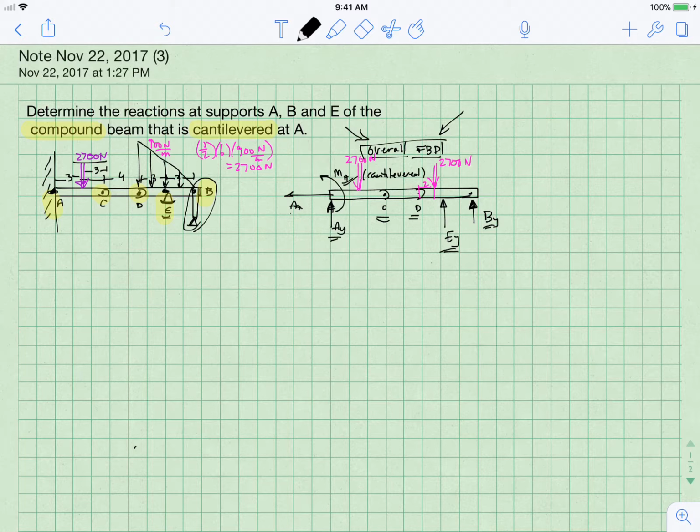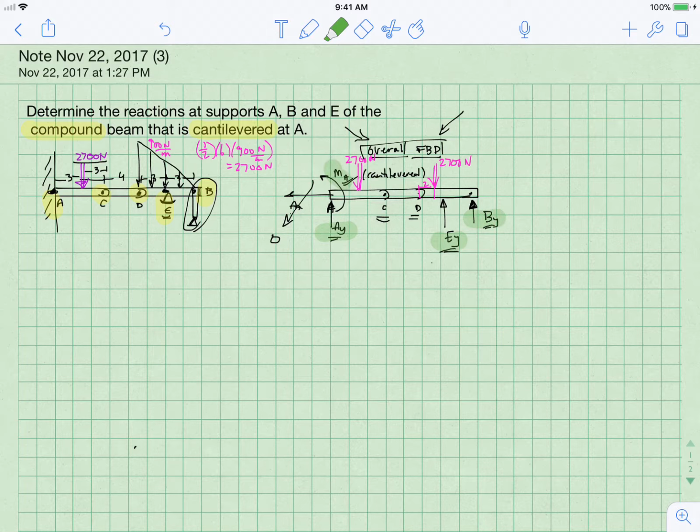All right. A quick look at this overall free body diagram leads me to conclude that when we sum the forces in the x direction and set them equal to 0, AX is 0. Now, let's count the remaining unknowns. AY is an unknown, EY is an unknown, BY is an unknown, and MA is an unknown.